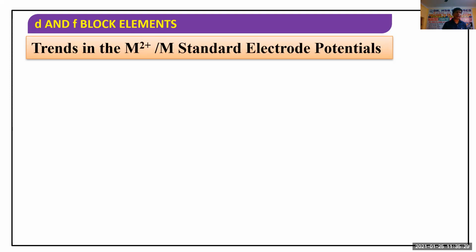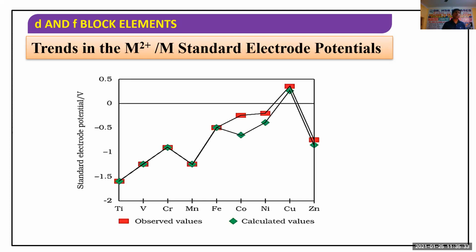And there is a trend in a graph, which you can explain. The red one is the observed values and the green one is the calculated values. Here the calculated value is lower than the observed value.